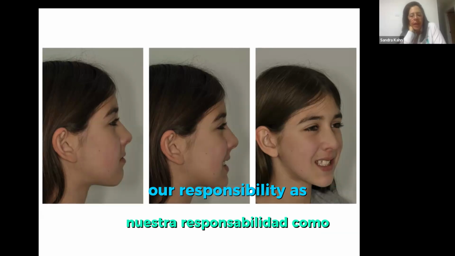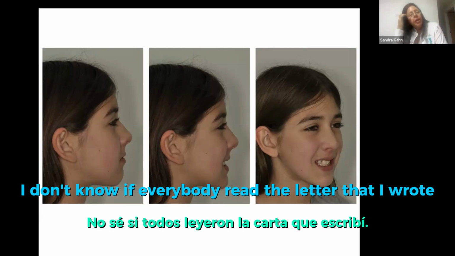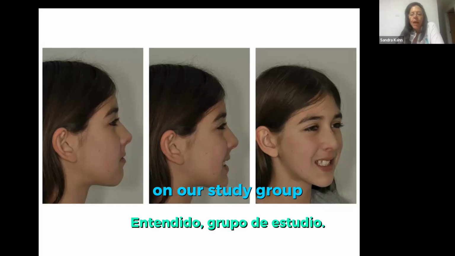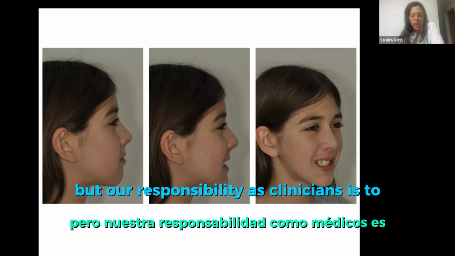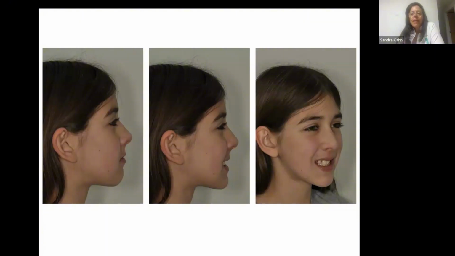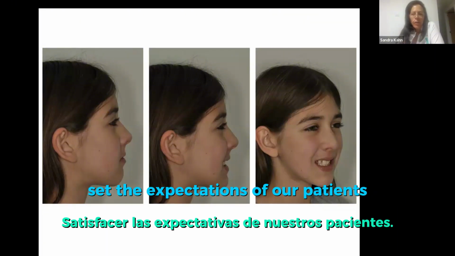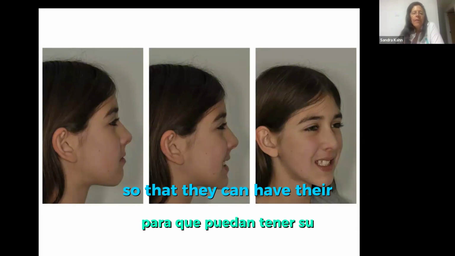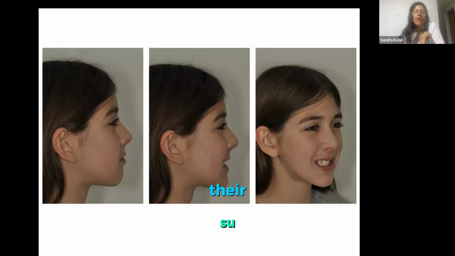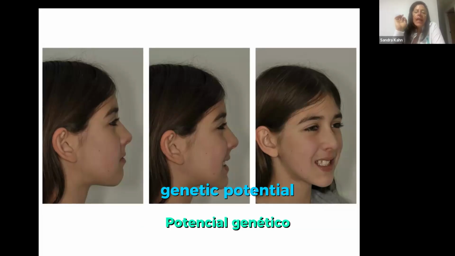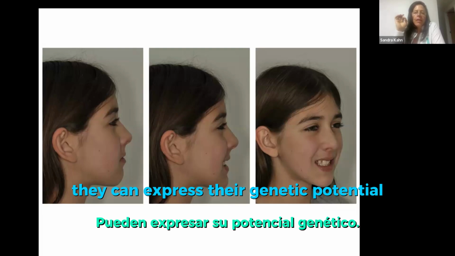I don't know if everybody read the letter that I wrote in our study group, but our responsibility as clinicians is to set the expectations of our patients so that they can express their genetic potential.